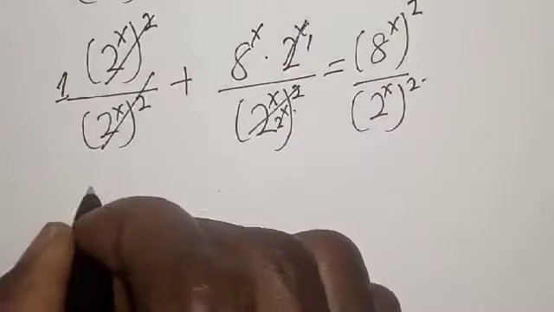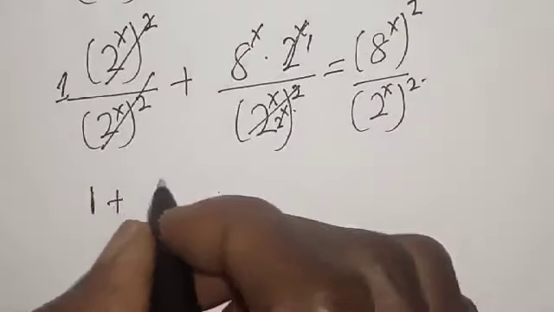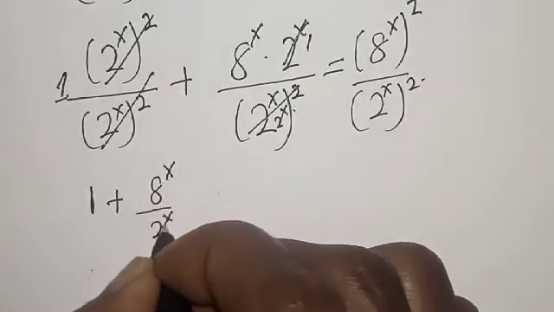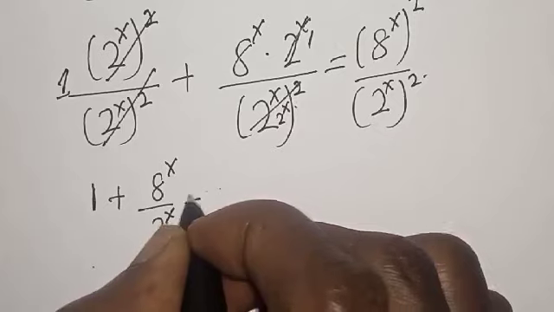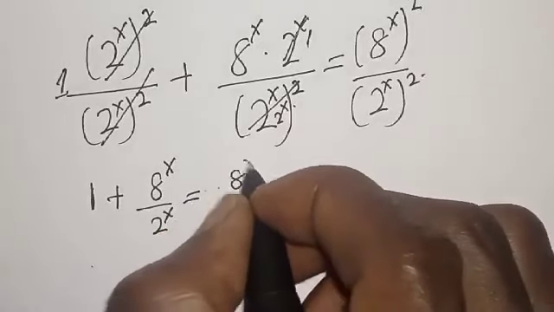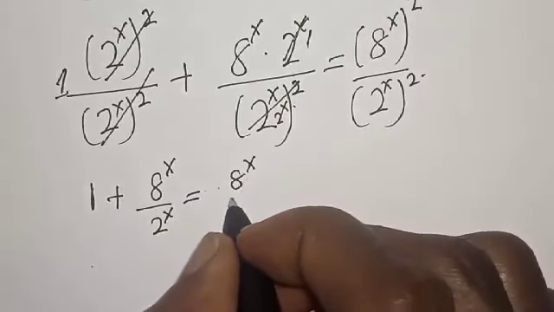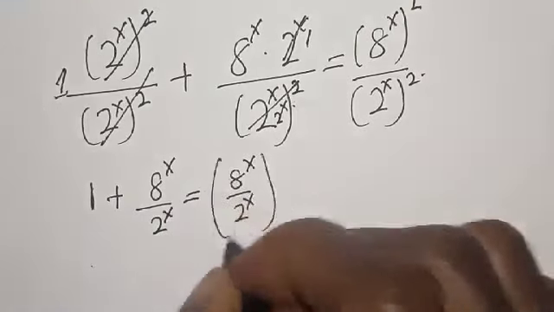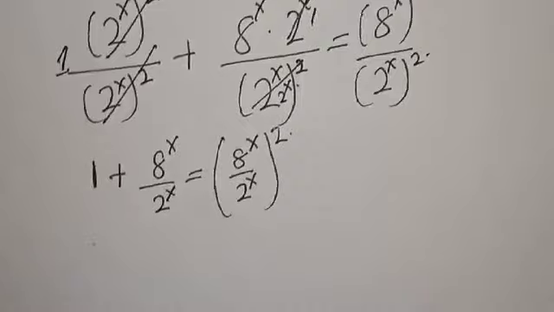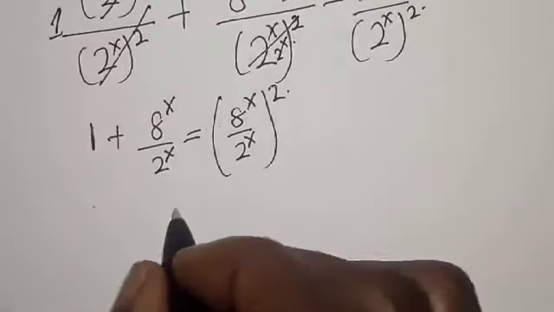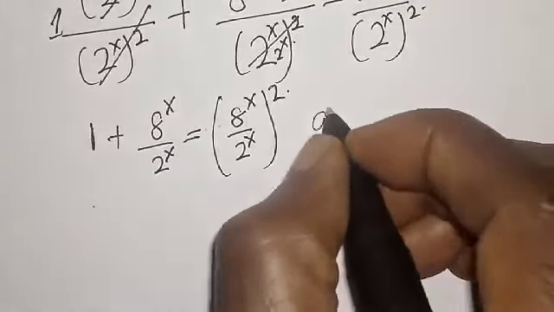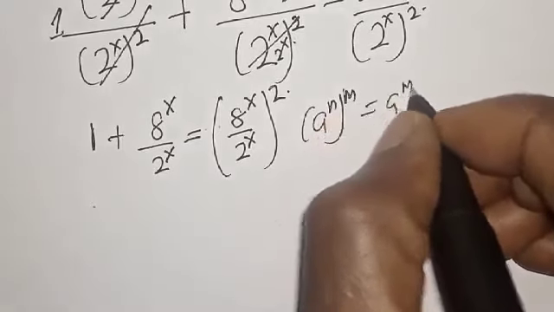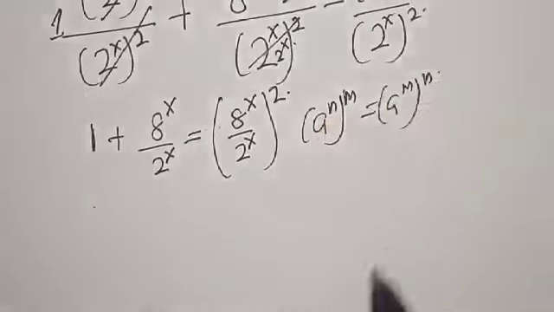Now we have 1 plus 8 raised to power s over 2 raised to power s is equal to (8 raised to power x over 2 raised to power s) all squared. Remember that (a raised to power n) raised to power m is equal to a raised to power m raised to power n.